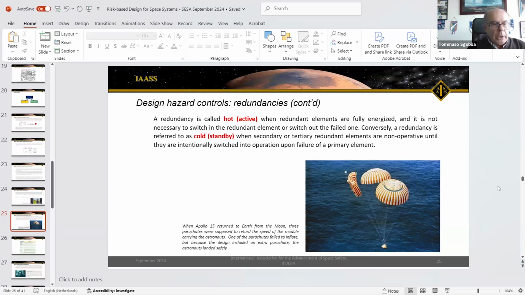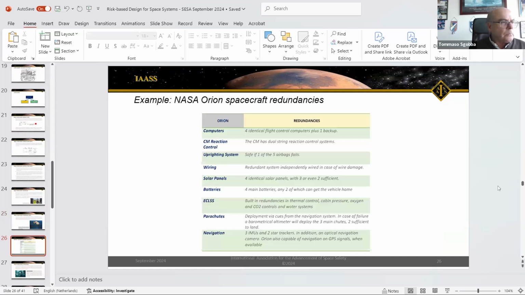parachutes configuration and one would have failed, like you see in this picture, then the astronaut would have impacted with a high acceleration and probably suffered injuries or even worse.